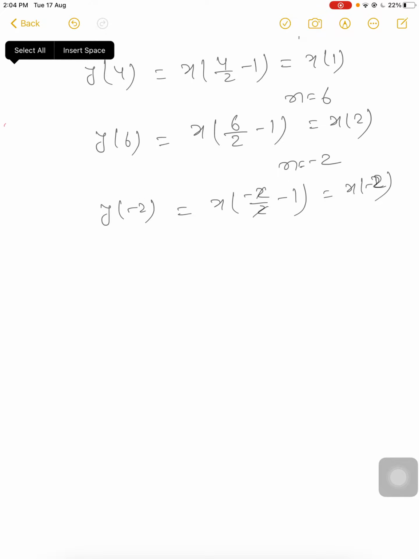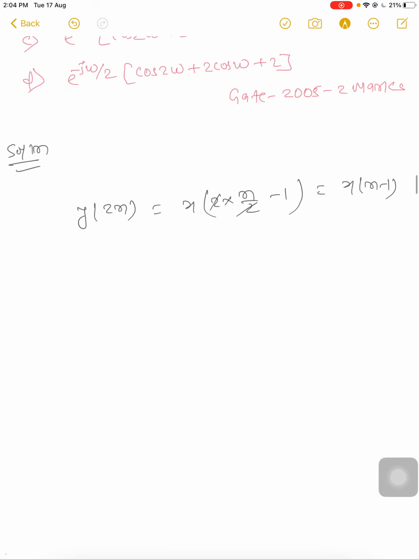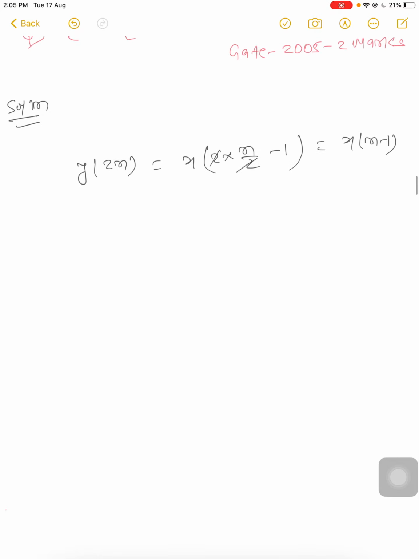And we have to find out y2n. So for this solution, y2n is equal to x of 2n by 2 minus 1. To cancel out, this one will be xn minus 1. Whatever the value, put it, then you will get the yn.